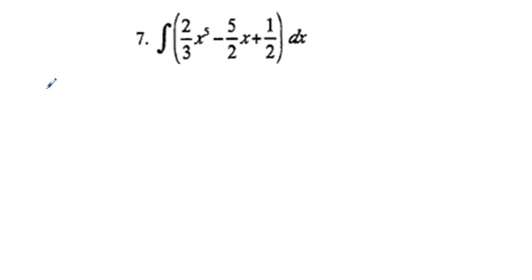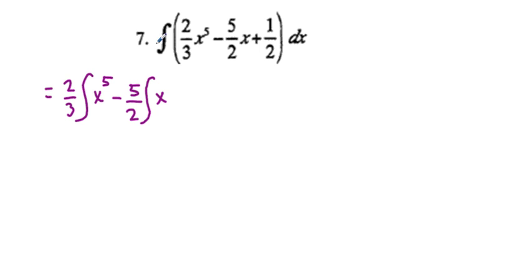So we're going to rewrite this integral as 2/3 the integral of x to the 5th minus 5/2. You can always take that constant and bring it out front.